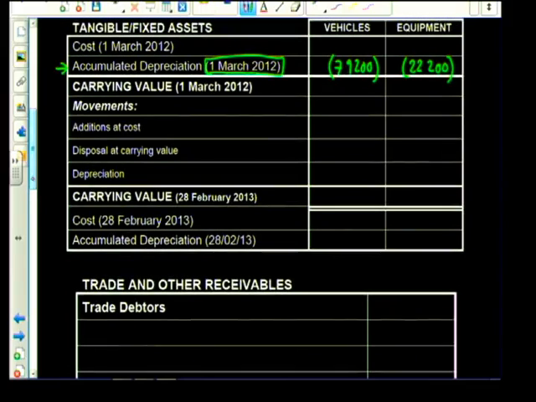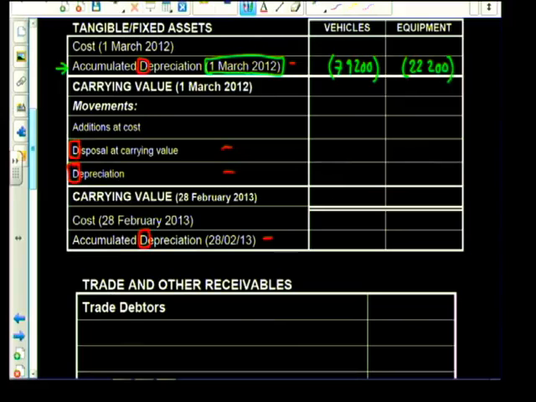If you look down at the structure of this note, any figure that's got a word starting with D, so depreciation, disposal, depreciation, depreciation, all of those figures must be negative when you fill them in. That's the way you can remember it. If there is a word in your description that starts with the letter D, that figure needs to be negative. You will lose the marks if you do not show your accumulated depreciation in brackets.